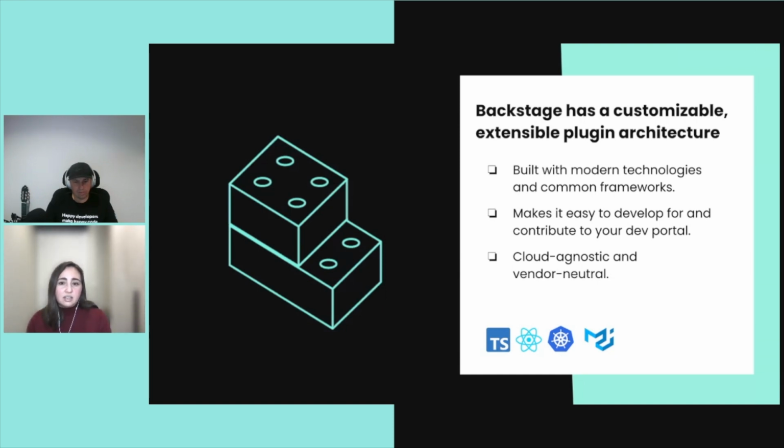And being able to do that really makes Backstage very easy to customize for your team and the needs that you have. So you pull the different plugins or create the plugins that you need in order to personalize the experience of your development teams.